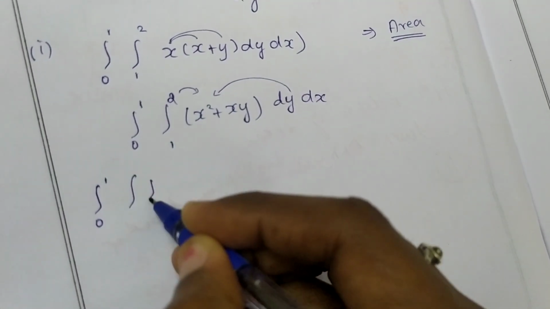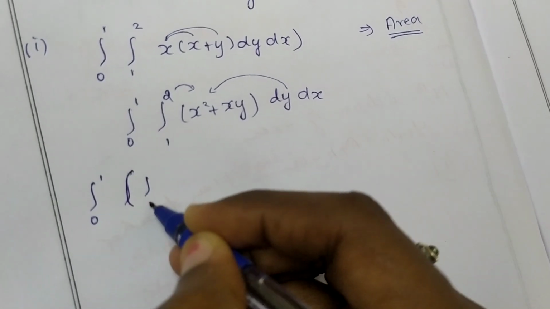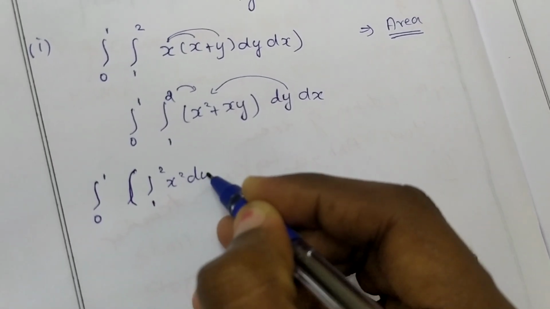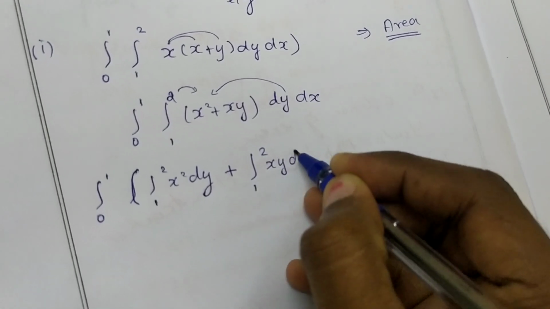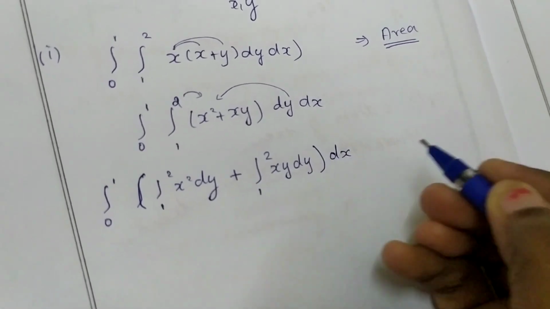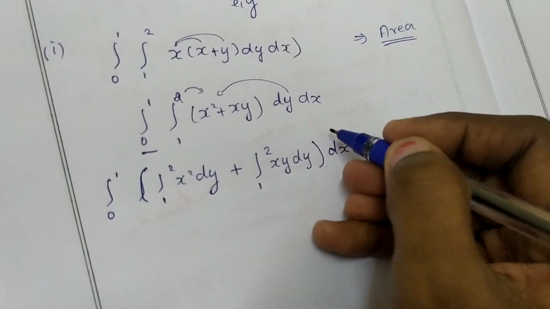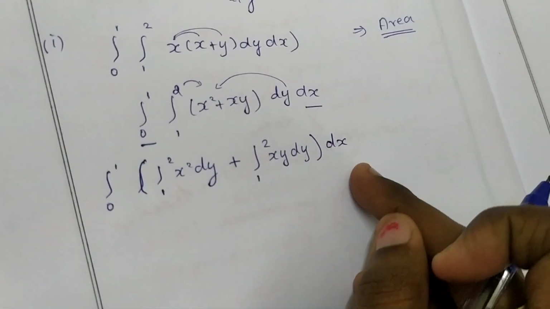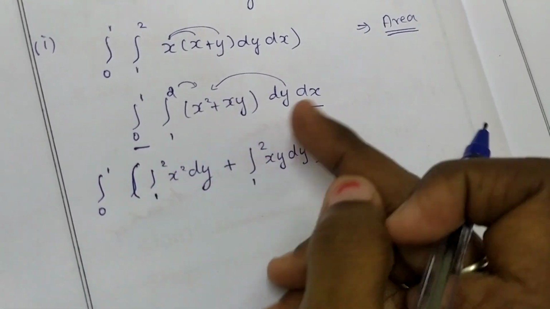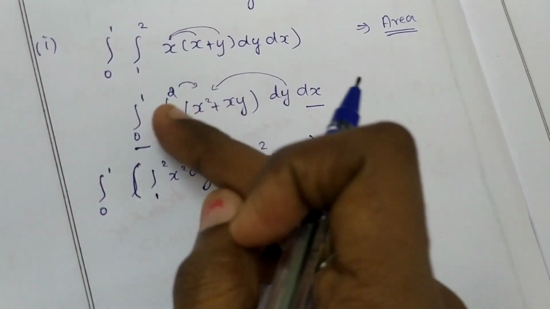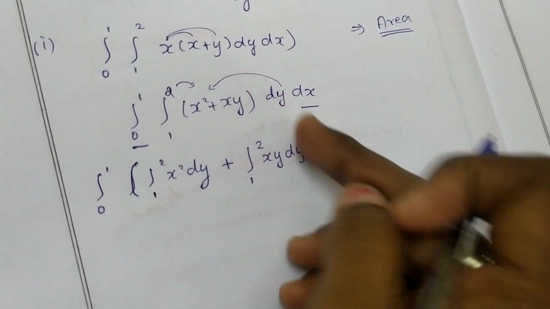So it will be integral over 1 to 2 x square dy. Next term is integral over 1 to 2 xy dy into dx. Understood? So I am keeping this thing and this thing outside, and I am bringing the integral symbol and this dy, then the integral symbol and xy into dy.